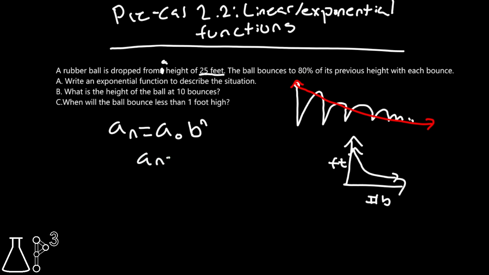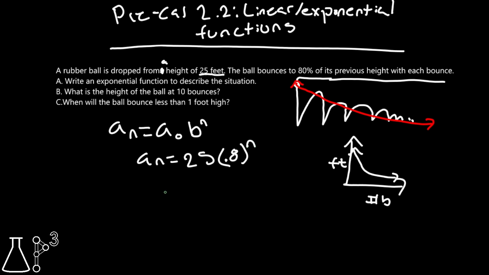So a_n is going to be 25 times, what are we multiplying by each time? It says the ball bounces to 80% of its previous height with each bounce. So with each bounce, as it's decreasing, it's 25 times 0.8, this height times 0.8, this height times 0.8. Because we're multiplying by 0.8 each and every bounce, b is equal to 0.8, and then to the n.